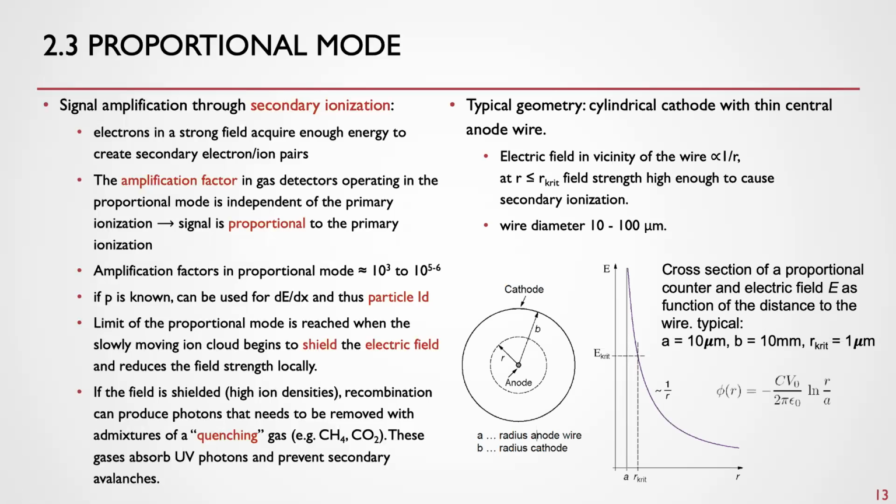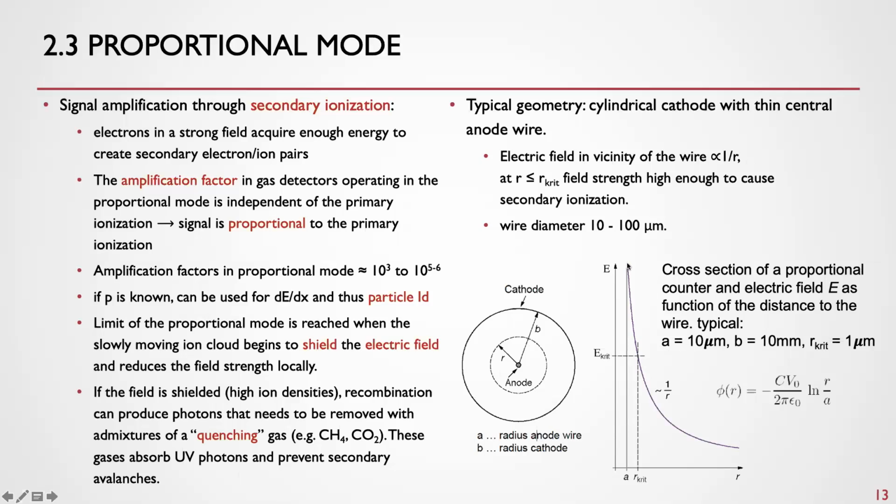Let's look at a typical geometry that's used in proportional gaseous detectors. We can build a wire detector from a cylindrical cathode and a thin central anode wire.